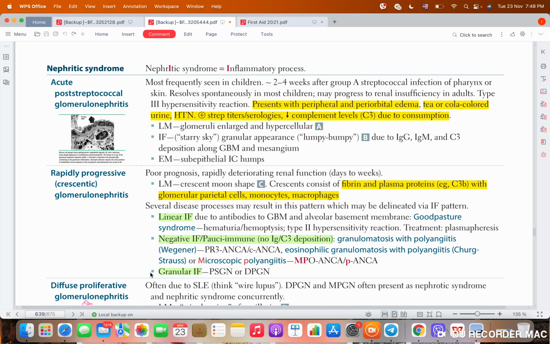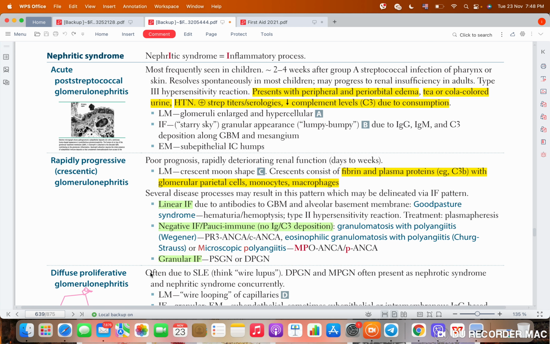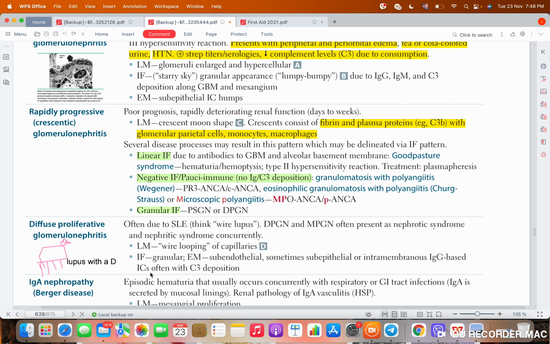Okay. So the next thing is several disease processes can result in this pattern, which may be delineated via immunofluorescence pattern. Starting from the first one, linear immunofluorescence. You guys tell me, if it's linear, is it antibody or is it immune complex?